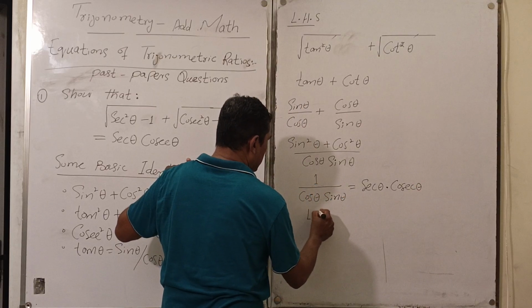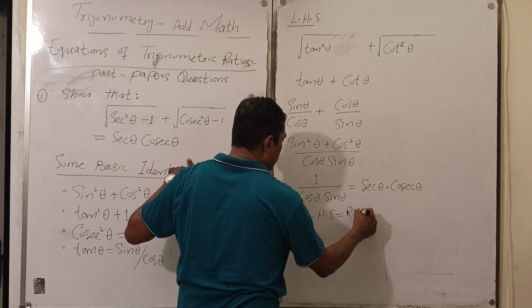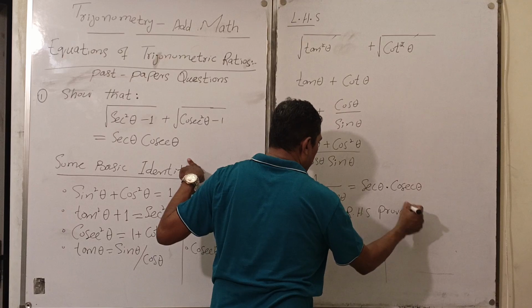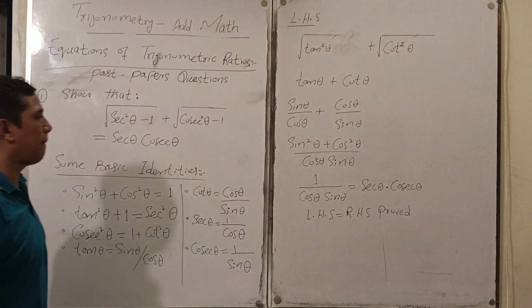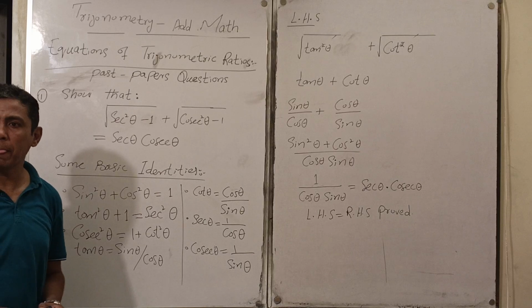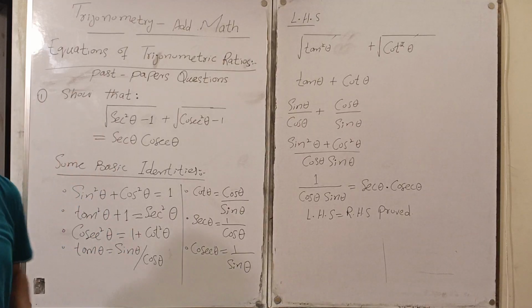So left hand side equal to right hand side. Proved. Okay. Clear? You got my point? Next.